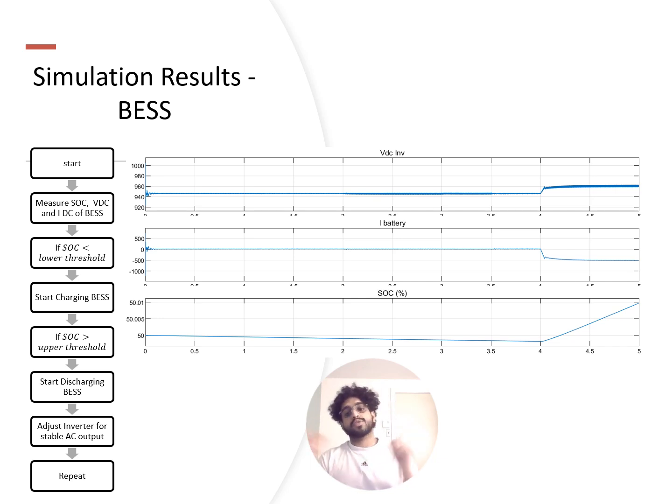If it is, you start charging. If not, you check whether it's above the upper threshold. If it is, you start discharging, and then you adjust the inverter for the AC output, and keep repeating this process. On the right, you can see the simulation results.